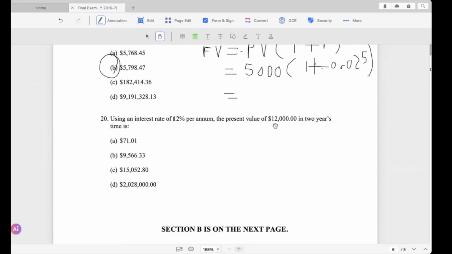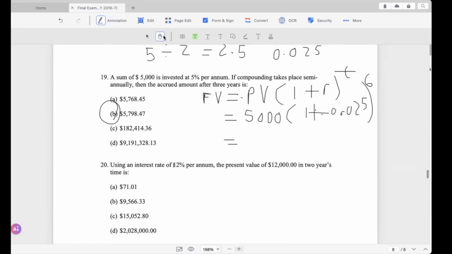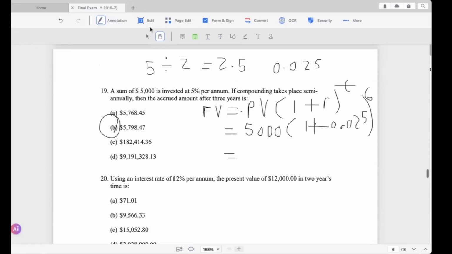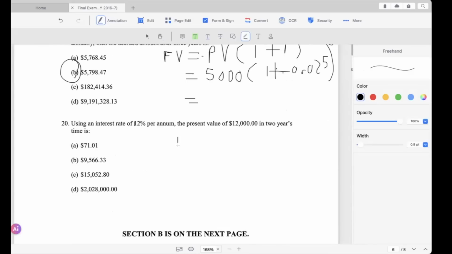Present value of this future value. So since I already have the formula above here, I'm just going to reuse it. So we have future value is equal to present value times 1 plus r raised to the t.